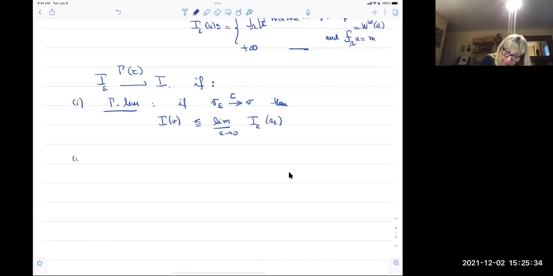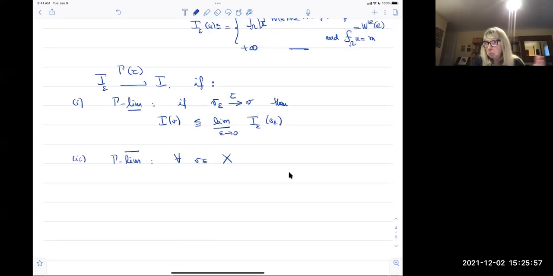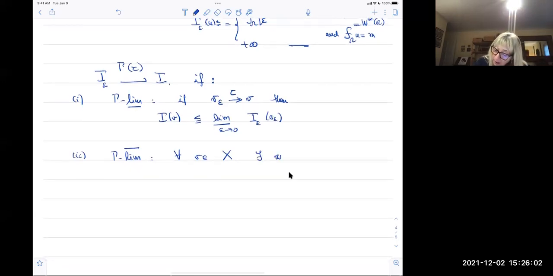And second is the gamma limsup property, which tells you that if I take a V, a target V, so in our case possibly discontinuous, then I can find a sequence V epsilon. So you can think of this one as being discontinuous.